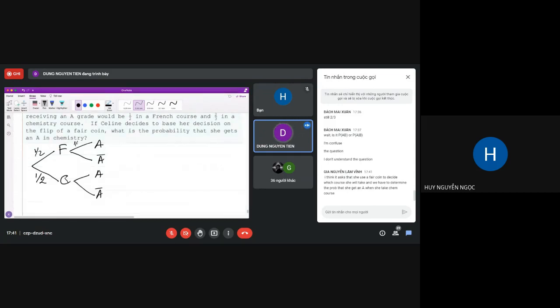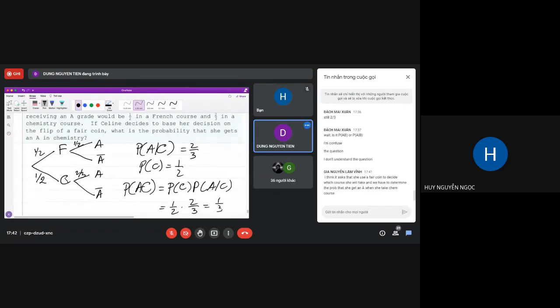In a chemistry course it is 2/3. So 2/3 is the probability that she gets an A if she takes a chemistry course. The probability of C is 1/2. So the probability that she gets an A in a chemistry course is the probability of C times A given C. That will be 1/2 times 2/3, and you get 1/3. Does that make sense? Is that clear?